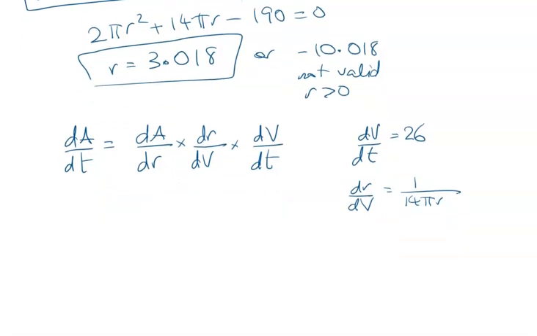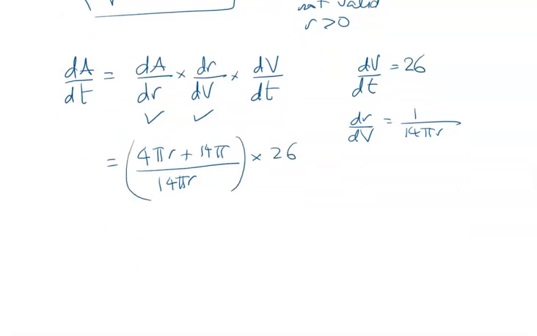So putting that all together gives me 4 pi r plus 14 pi, divided by 14 pi r, so there's that done and that done, times 26.